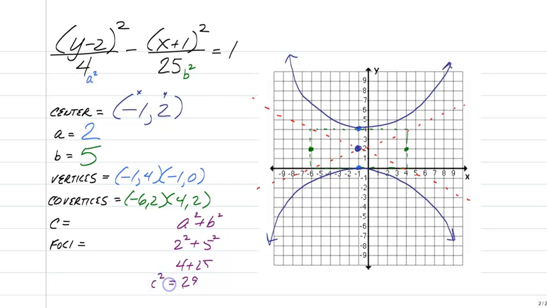That is equal to c squared. So when we take the square root of 29, we get a distance of about 5.4. So that means from the center, you have to go up 1, 2, 3, 4, 5, and then a little bit more. So that makes us at -1, comma, you went up to 7.4.